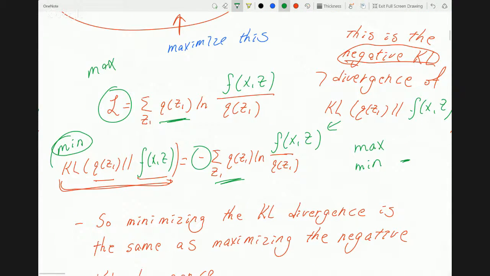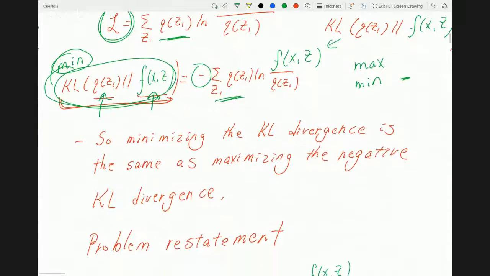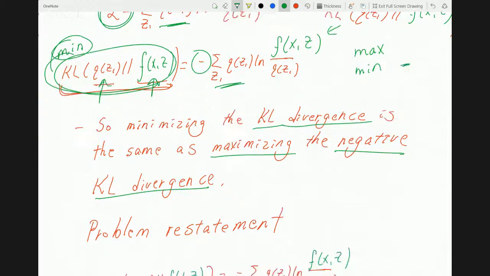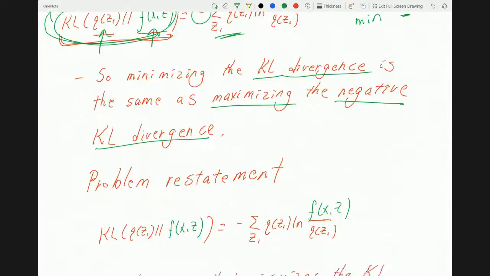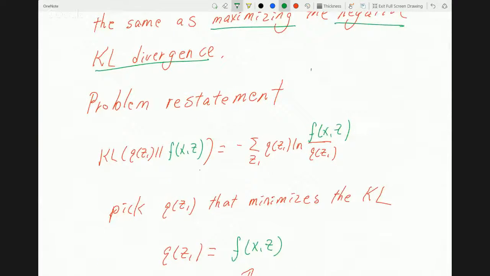Finding the minimum of the KL divergence of these two functions is the same as finding the maximum. Okay? So minimizing the KL divergence is the same as maximizing the negative KL divergence.